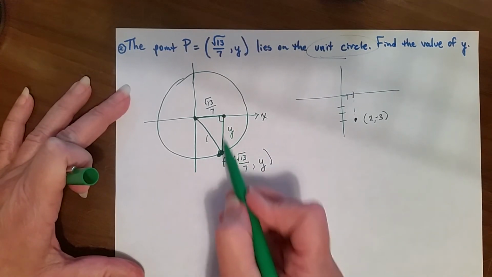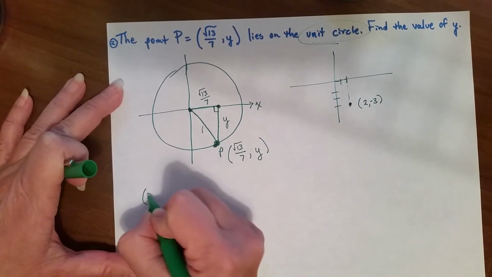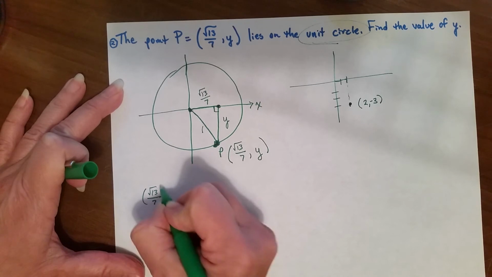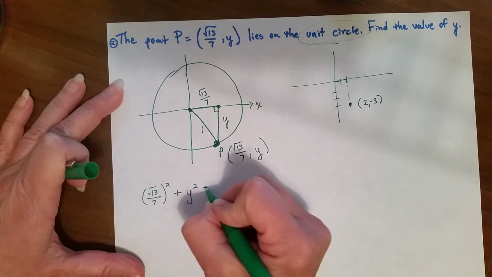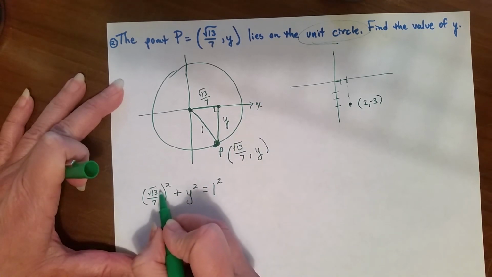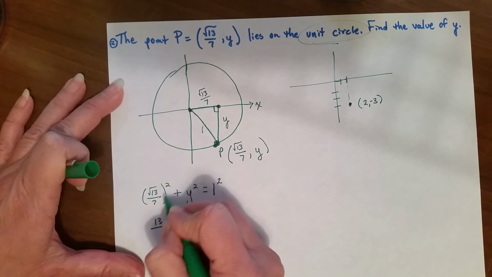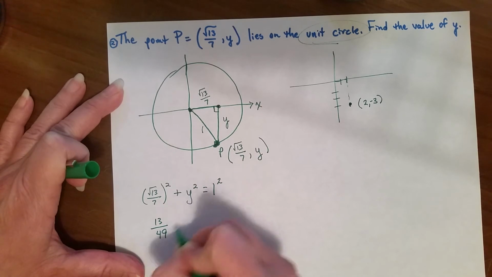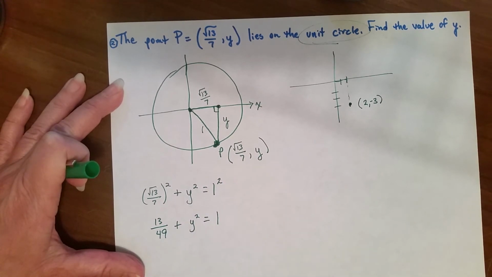Now let's use the Pythagorean theorem. So I have one leg, root 13 over 7 squared, plus the other leg, y squared, equals the hypotenuse, 1 squared. Now let's square top and bottom. Root 13 times root 13 is just going to be 13. 7 times 7 is 49, plus y squared equals 1.